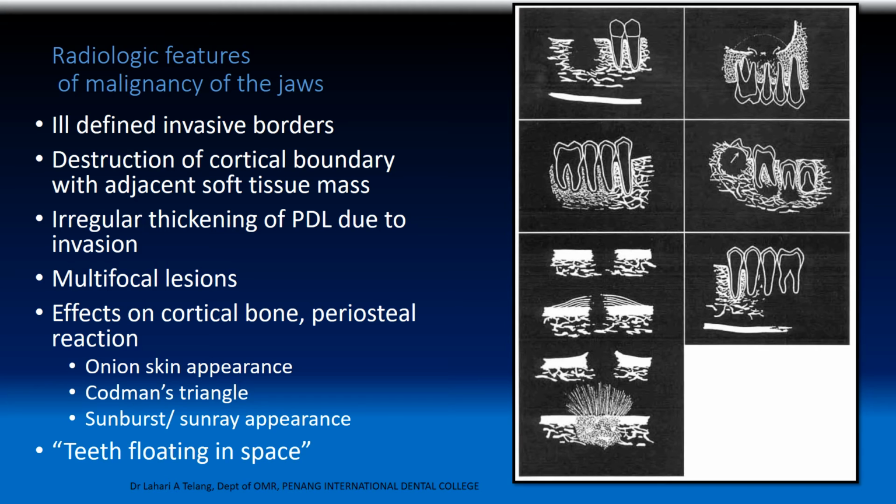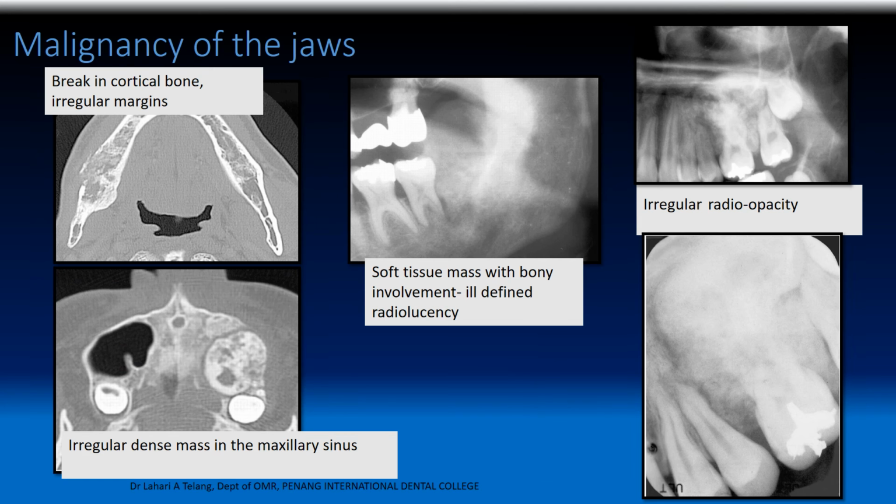But again, I'm reminding you that it's virtually impossible to suspect what type of malignancy it is histologically. So what we've seen was a diagrammatic representation. On the radiograph, for example on a CT scan, you would see a break in cortical margins with irregular appearance of the radiolucency, or a soft tissue mass seen with bone involvement and ill-defined radiolucency, like the one seen around the molar.